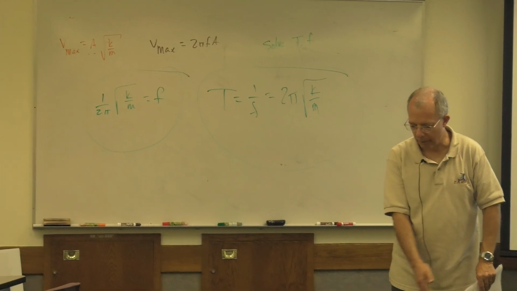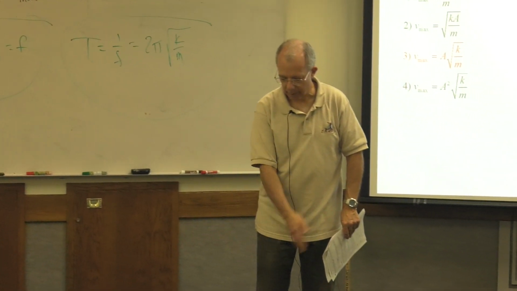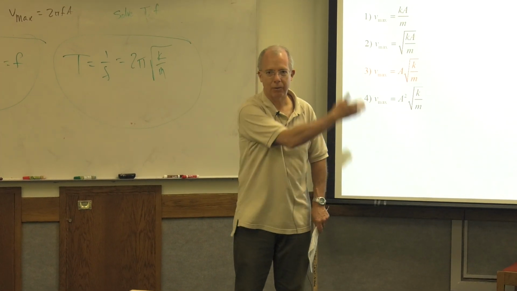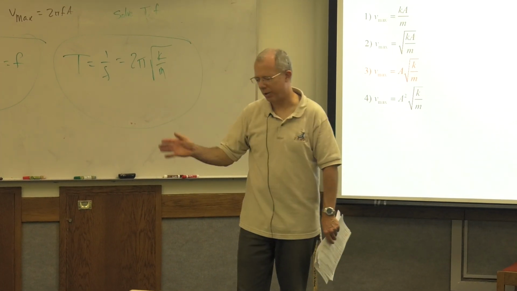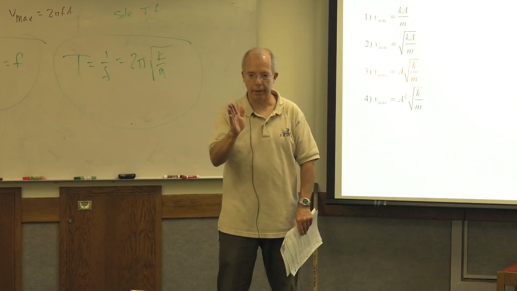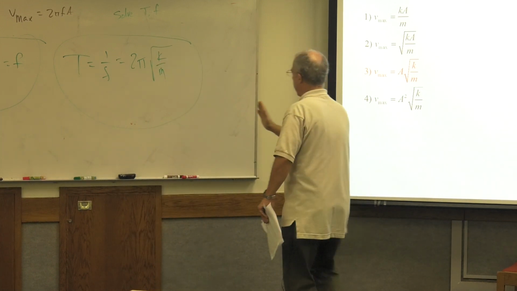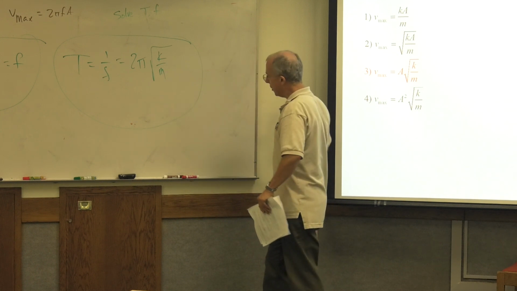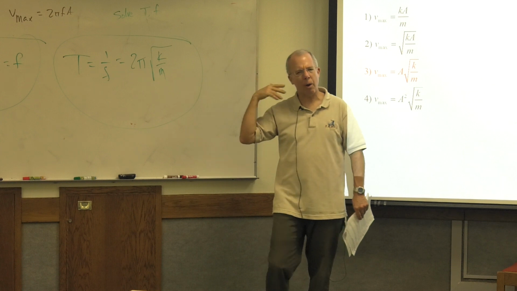The period for this is going to be exactly the same as the period for that, using the small angle approximation. Or with a spring, the period is the same for this one as it is for this one. Now that doesn't seem obvious, does it?